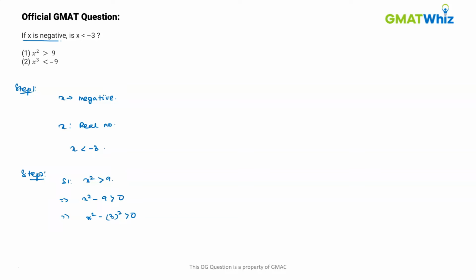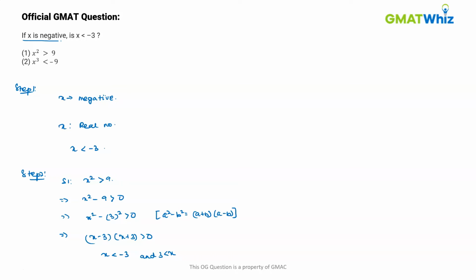If you can recall, this is the identity for difference of squares, which is given by a squared minus b squared equal to a plus b times a minus b. Hence, we can write this as x minus 3 times x plus 3 greater than 0. Now the range over here is x less than minus 3 and x greater than 3.